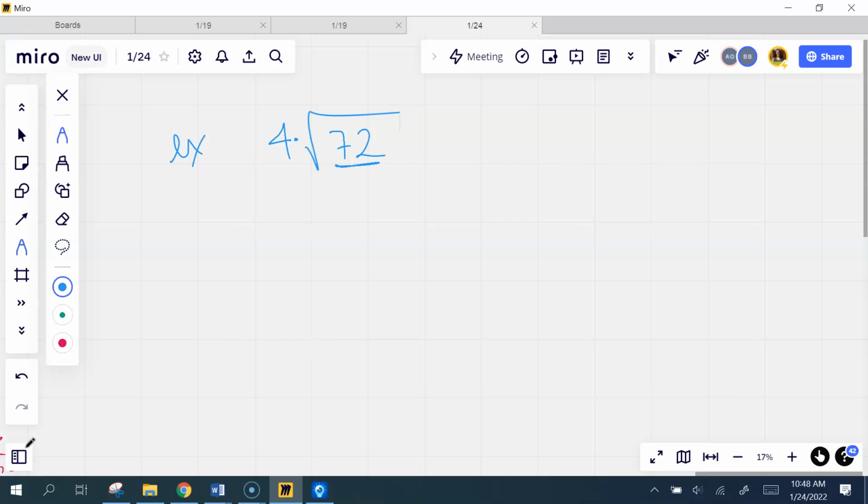What's the biggest one on that list? You don't want to do the smallest, you want to do the biggest one. What's the biggest one from that list I could divide it by? 36. 36 and what gives you 72? 2. So I'm going to split this up. I've got the 4 that's staying on the outside, and I'm going to write this as 36 times 2.